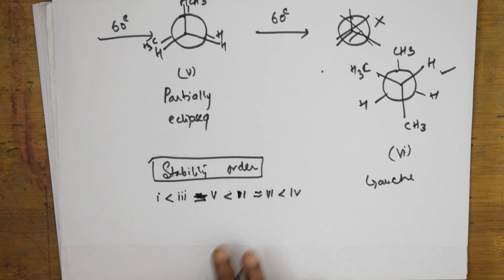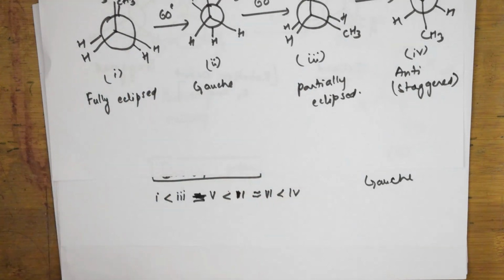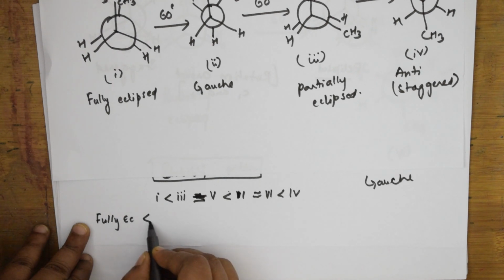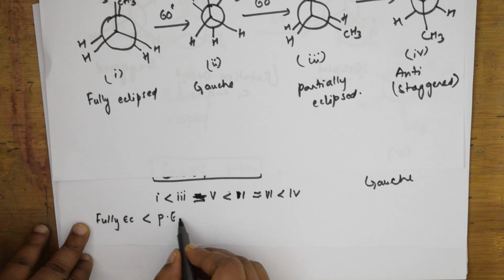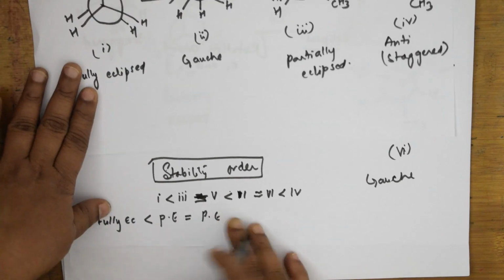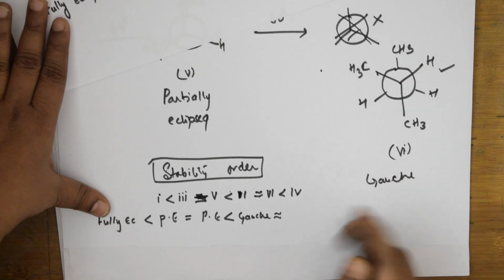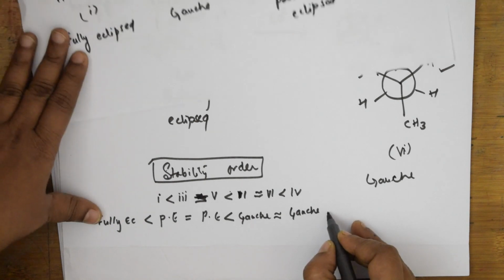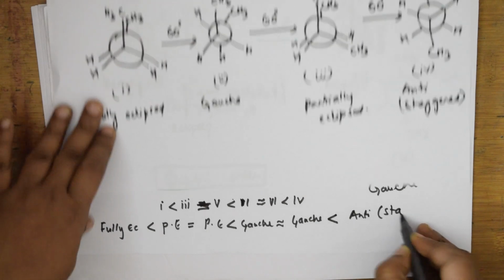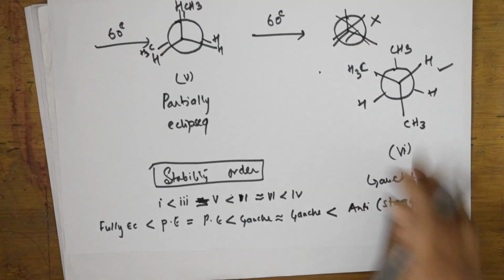Let us write what we have said: the first one, fully eclipsed, is less stable than 3, that is partially eclipsed, which is almost equal to the fifth one, also partially eclipsed, which is less stable than gauche, approximately equal to 6 because both are gauche forms, which is less stable than 4, that is anti, that is nothing but the staggered form.